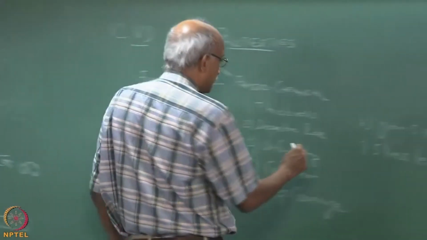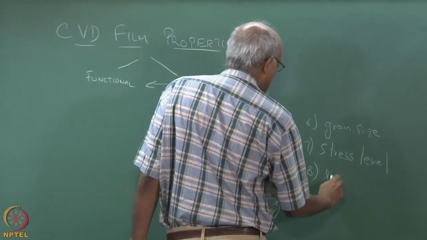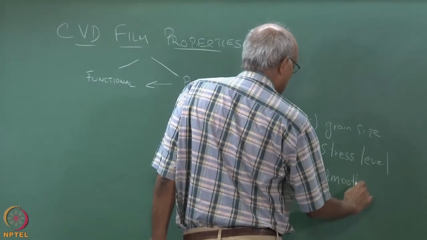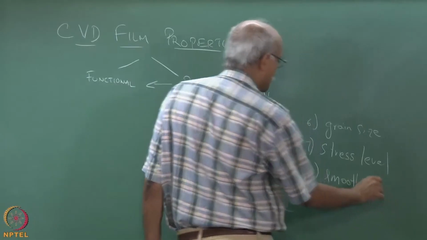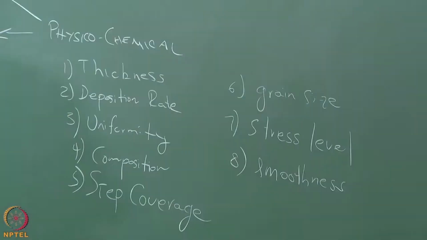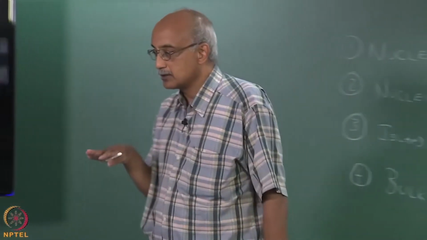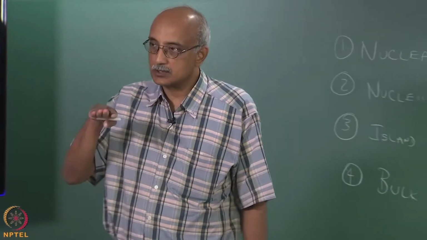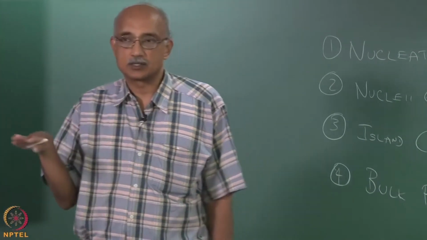Other things that may be of importance are smoothness or roughness of the film. When you do a morphology characterization in 3 dimensions, your requirement may be that the third dimension, which is a surface roughness profile, cannot exceed a certain value.